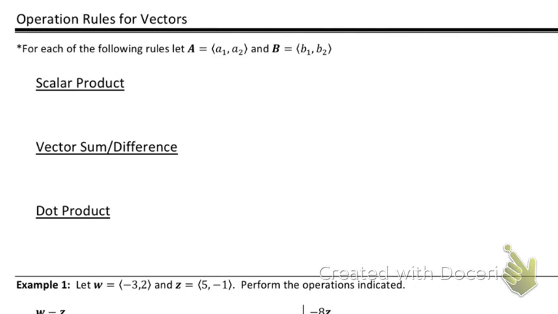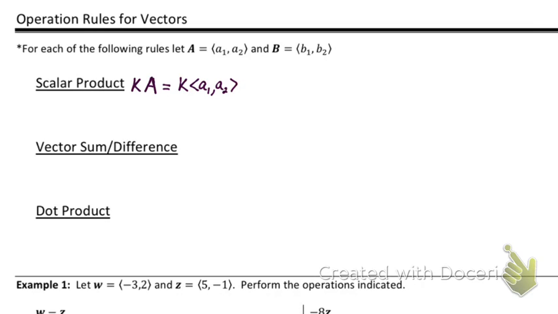With just letters, it's going to look something like this. If I have k times vector A, which can also be written as k times, well, vector A has the points A sub 1, comma A sub 2. Don't get bogged down in letters. Remember, these are just holding the place of numbers.